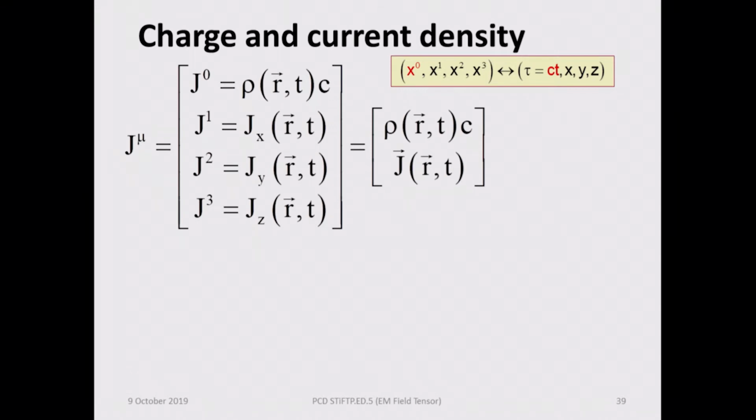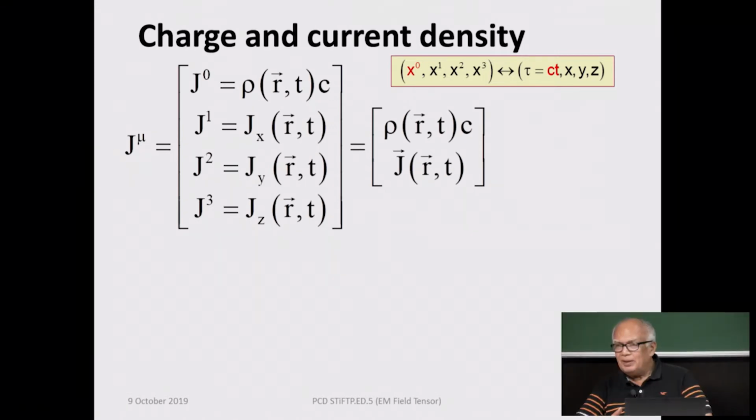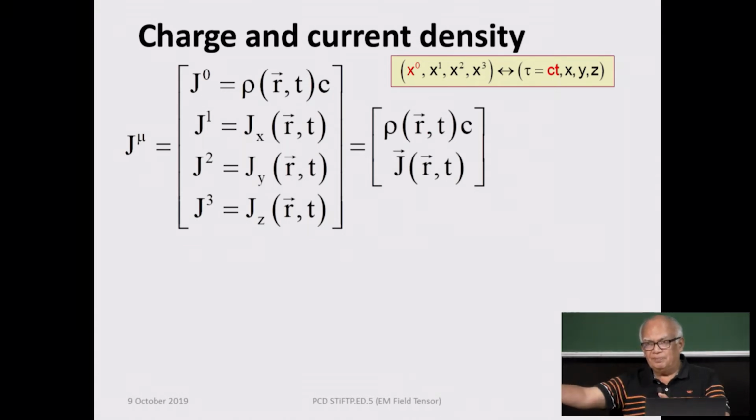What about the charge and the current density? This will also have to be represented by 4 components, and happily the charge density together with the current density, they are the same creatures, because what is charge at rest is current in a moving frame, right. So, it is appropriate that charge and current density come together.